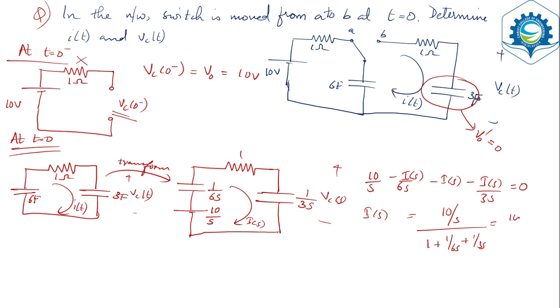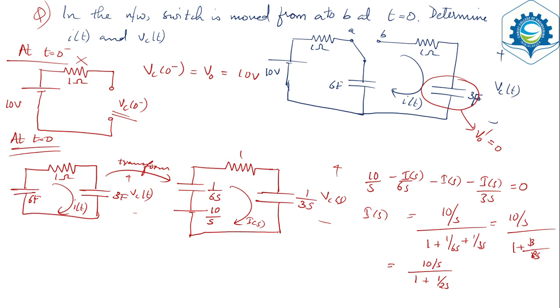So that will be 10 by s divided by 1 plus, here I think the LCM will be 6s. So that will be 1 plus 2, that will be 3. Okay, 1 plus 2 will be 3. Here will be 1 by 2. So that will be 10 by s plus 1 plus 1 by 2s.